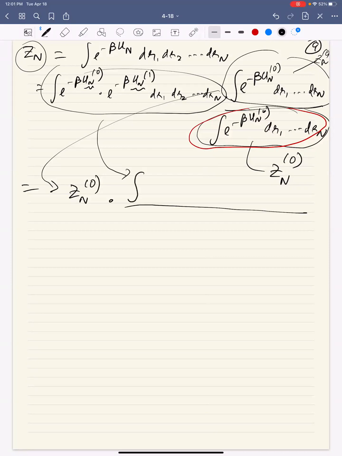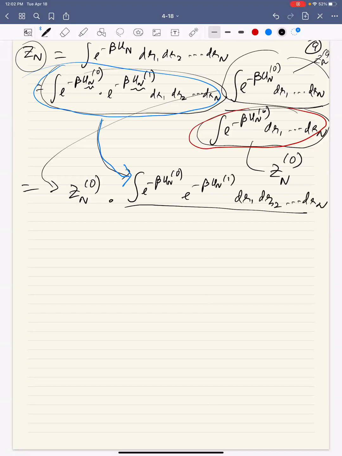That becomes the integral of e to the power minus beta U_N0 times e to the power minus beta U_N1, dr1, dr2, ..., drN, and in the bottom we have the integral of e to the power minus beta U_N0 dr1, dr2, ..., drN.